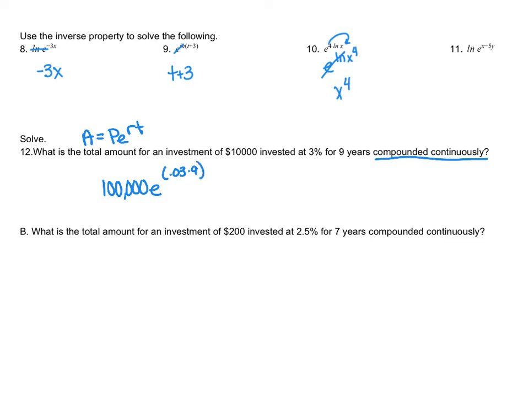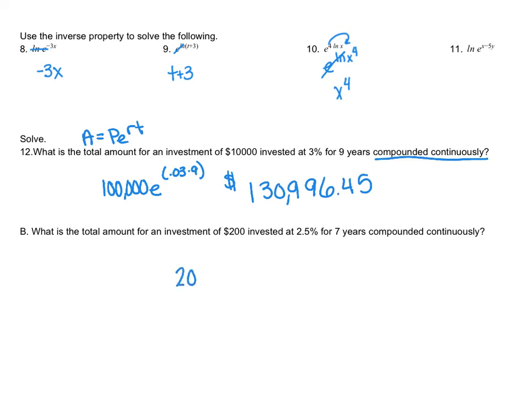So in our calculator, you're going to do e to that power first, 0.03 times 9, then times it by 100,000. So at the end of 9 years, you're going to have $130,996.45.